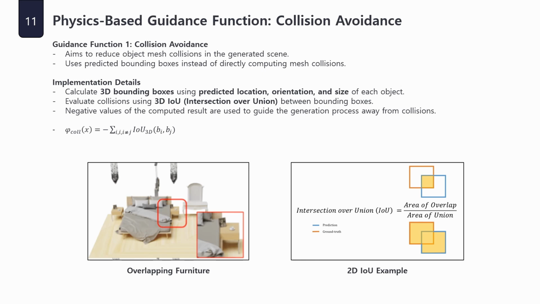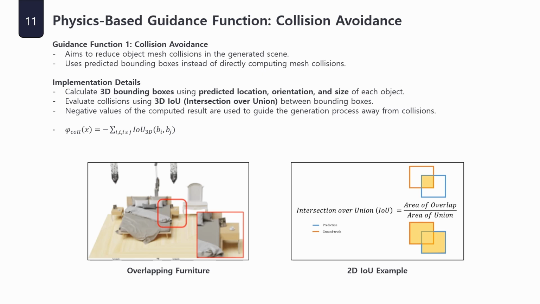The first is collision avoidance, which aims to reduce object mesh collision in the generated scene. Instead of directly detecting collision using the mesh, it calculates them using the predicted bounding box. Specifically, 3D bounding boxes are obtained using the predicted location, orientation, and size of the object, and collisions are calculated using 3D IoU.